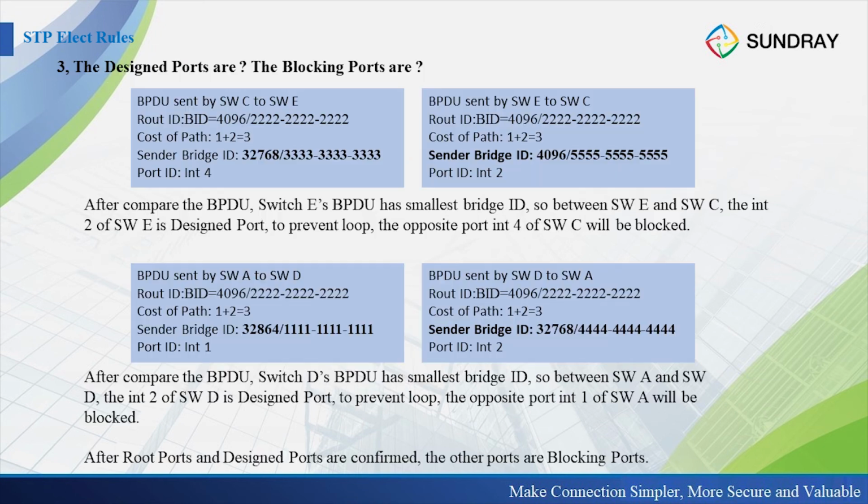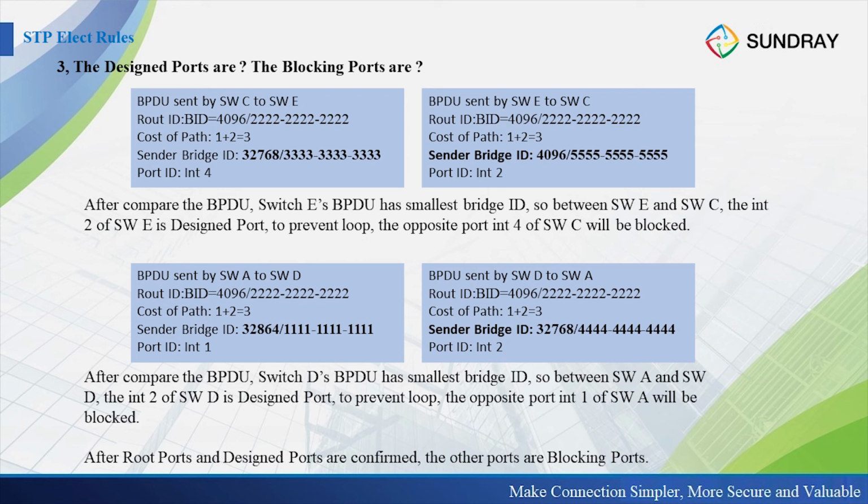And then for the blocking ports, for example in switch E: switch E connects to switch B, and switch C also connects to switch B. So for the link from switch C to switch E, we need to block it, right?